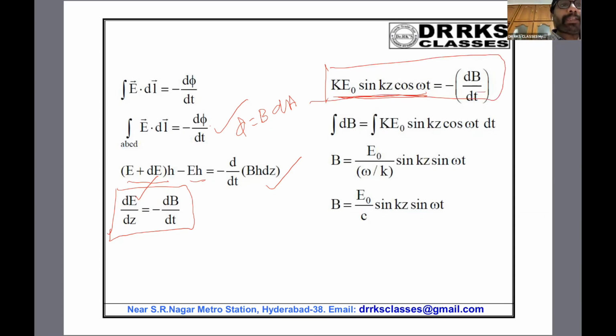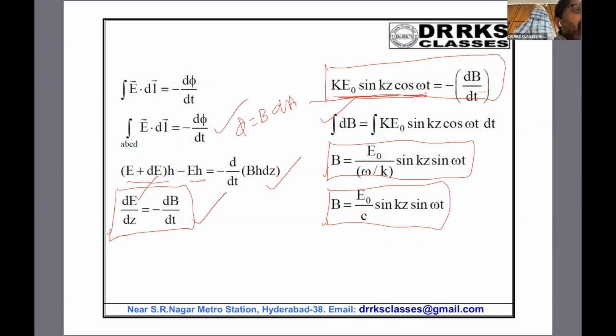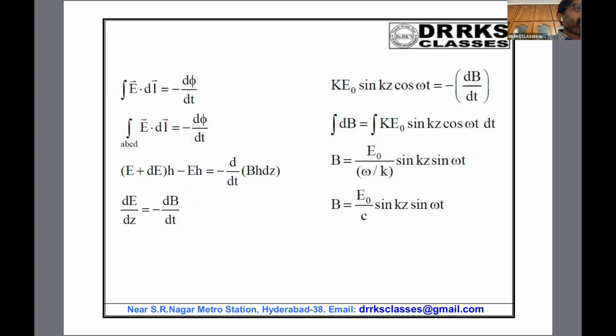Then integrate dB with respect to time, and you will get the magnetic field. So the very important thing is dE by dz is equal to minus dB by dt. Suppose the wave is traveling along the x direction, then it is dE by dx. Here in this case z is the direction of propagation. Fine, so let us start the next one.